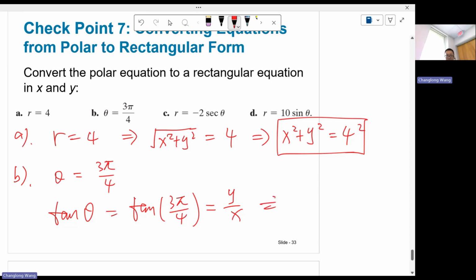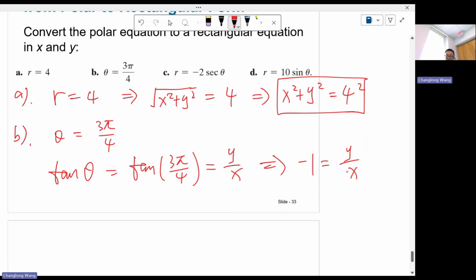So tangent 3 pi over 4 is -1. That's on the left-hand side. And technically speaking, you're done. But people will prefer that you get rid of the denominator and write that equation in a much nicer form. So would you say that's going to be y equals -x?